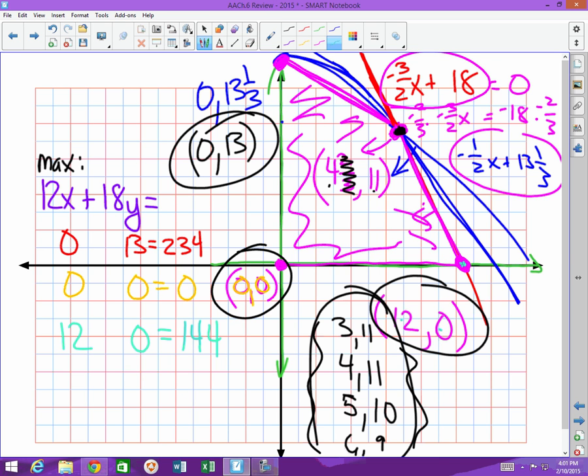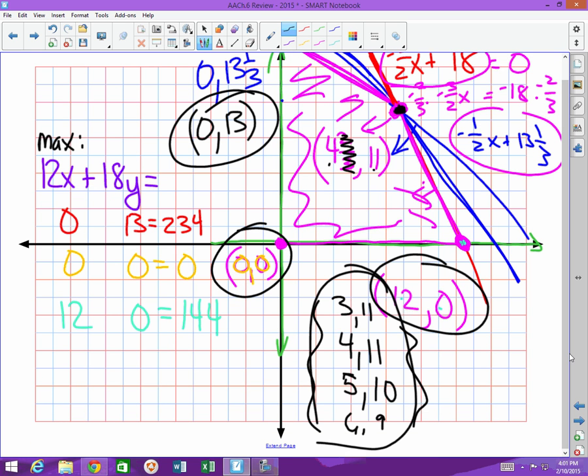All right, and so then if you try these other ones that are around 4 2/3 and 11, if you put in 3, 11, 4, 11, 5, 10, and 6, 9, then you would have these answers. At 3, 11, you get 234 also.